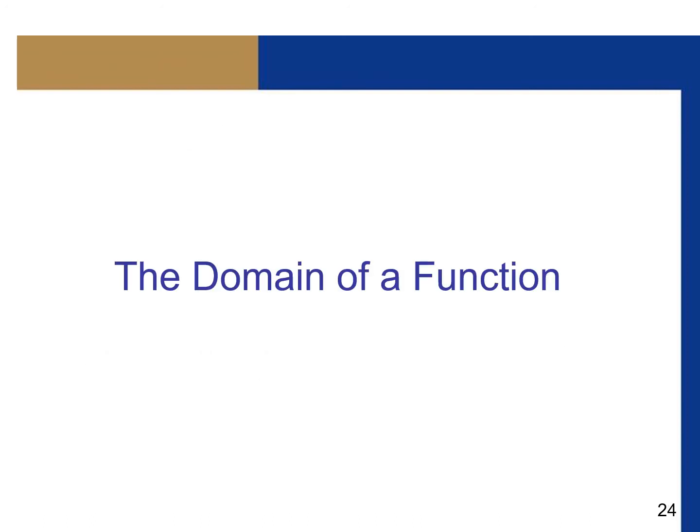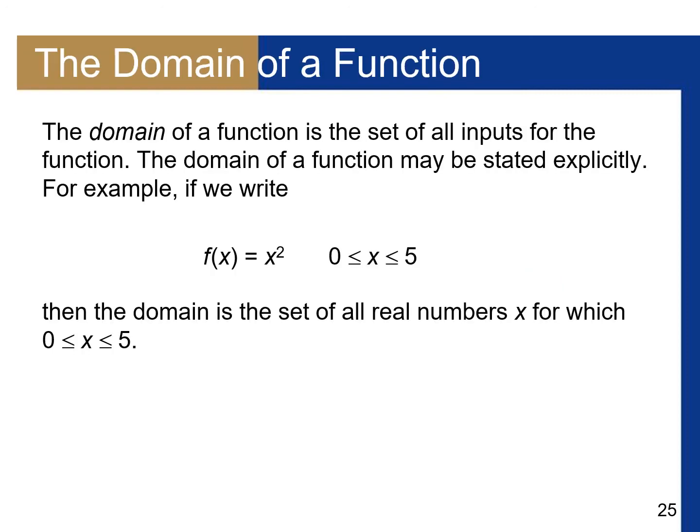All right, domain. Now again, domain is the set of all possible input values of a function. The domain of a function can be stated explicitly. For example, we can write x is, now remember when you read these, you read from inside out, x is greater than or equal to 0, and x is less than or equal to 5.